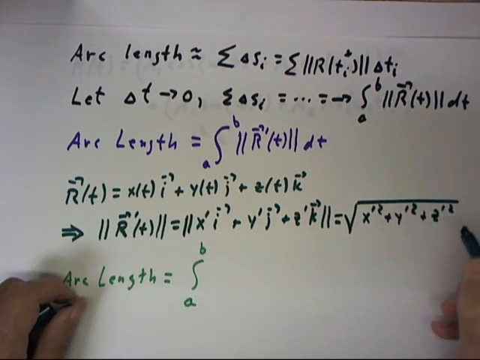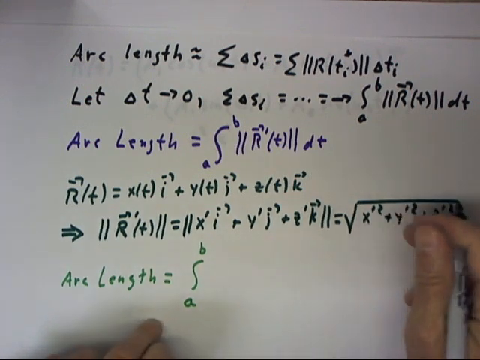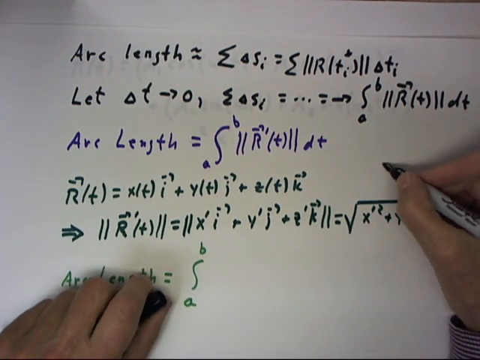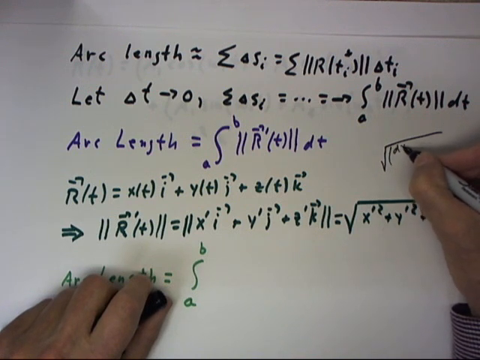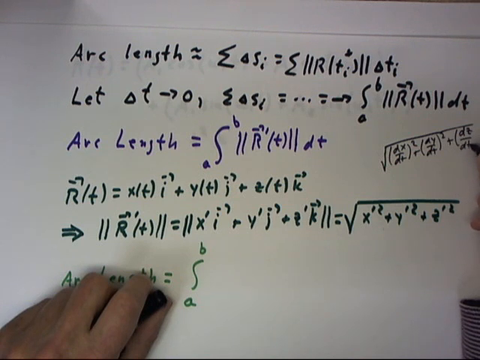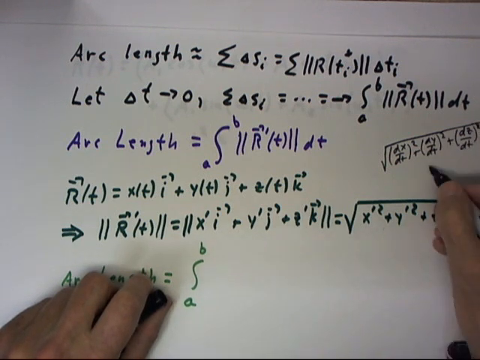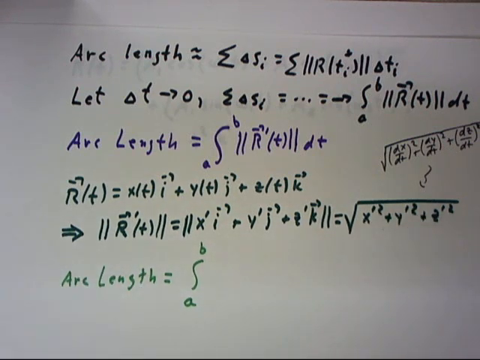plus z' squared. Now we'll often write that out, and most textbooks will write this out a little more explicitly, as a square root of (dx/dt) squared plus (dy/dt) squared plus (dz/dt) squared, but it has exactly the same meaning.